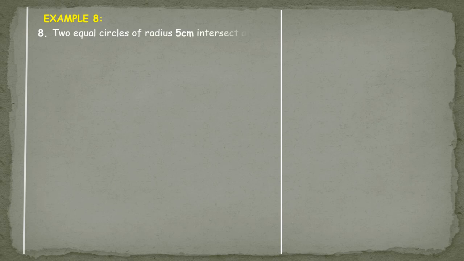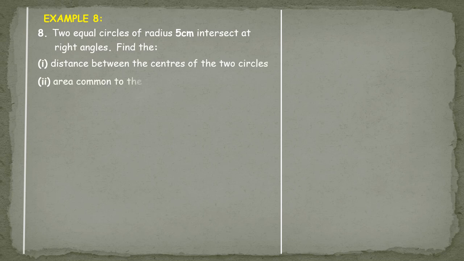Example 8. Two equal circles of radii 5 centimeters intersect at right angle, meaning that once they meet, the angle formed between the two radii will be 90 degrees. That will be important when we are sketching. So we take a sketch.